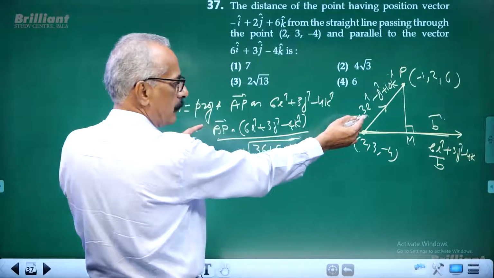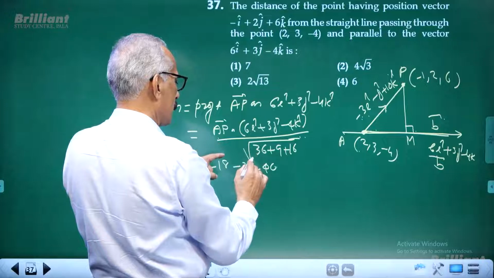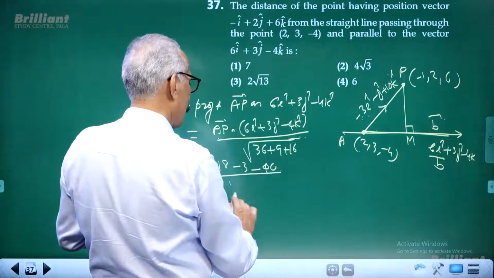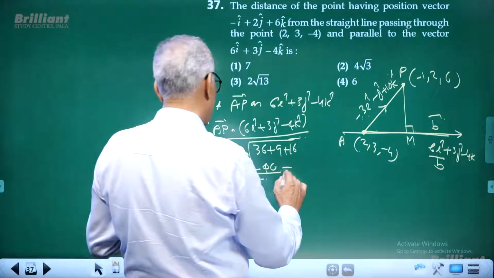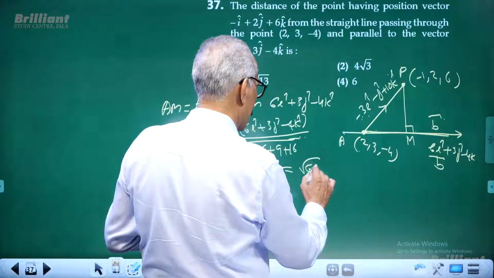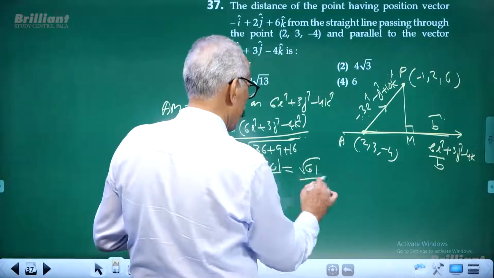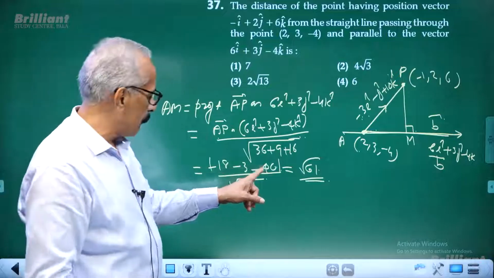AP dot, AP is this one. Minus 3 into 6, that is minus 18, divided by root over 61. We take magnitude only, root over 61. Minus 58 minus 3 means 61 by root 61.